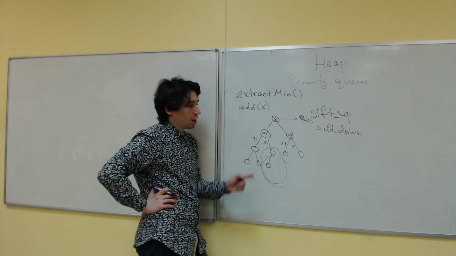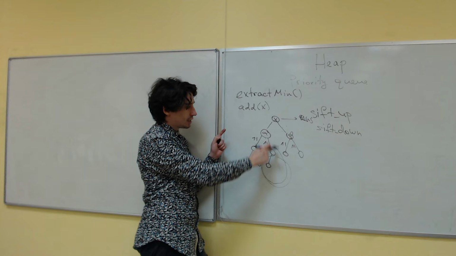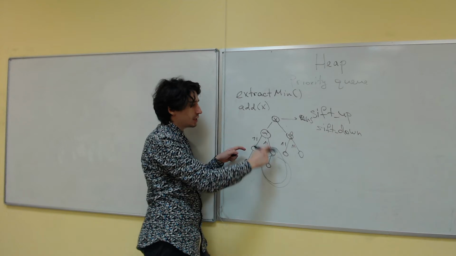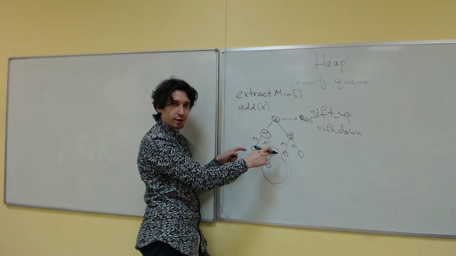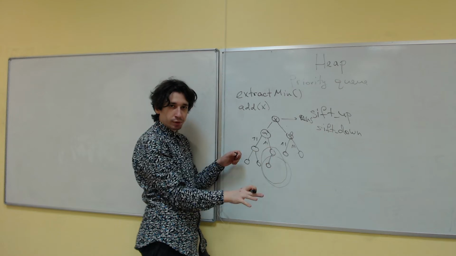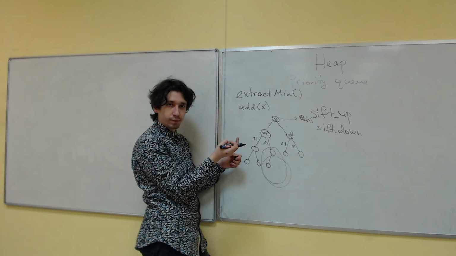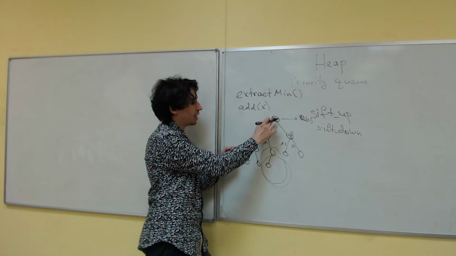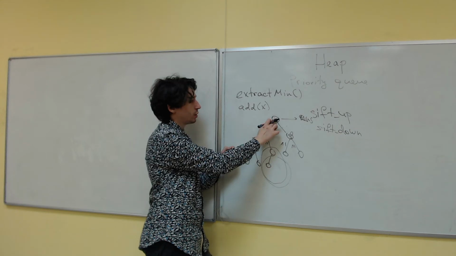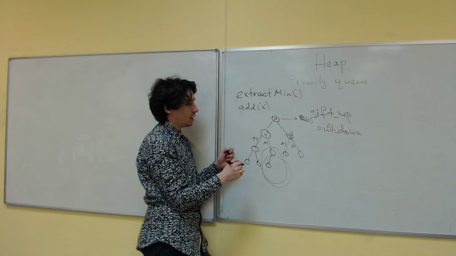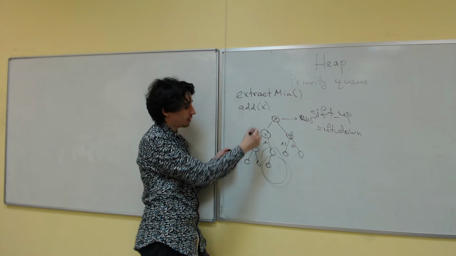Yeah, since we know that A is smaller than everything in the left subtree, and B is smaller than everything in the right subtree, and x is somewhere we don't know. So either A or B should be in the root, being the minimal element. So we just take, for example, A and swap it with x. Then something probably is not correct right now in this subtree.